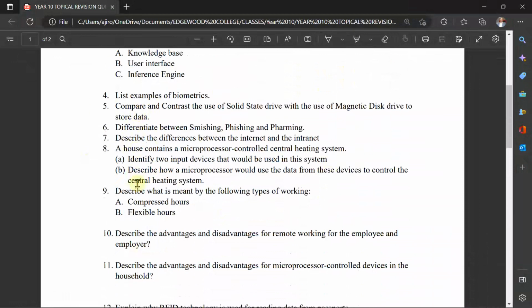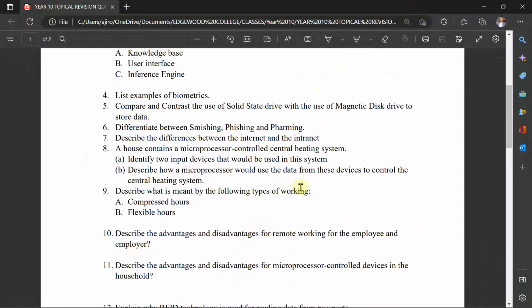The B part asks: describe how a microprocessor would use the data from these devices to control the central heating system. Now, how is it going to use that? When you use the remote control, the microprocessor reads or receives the data. The required temperature or preset value is keyed in using the device.